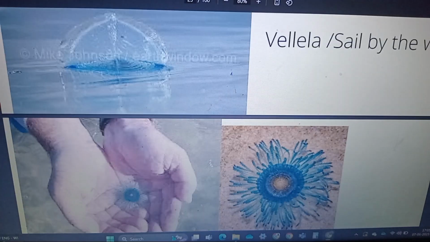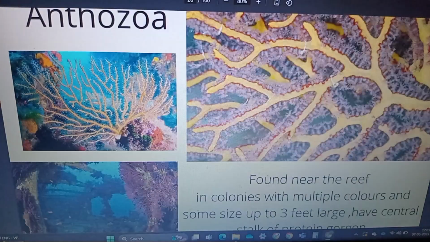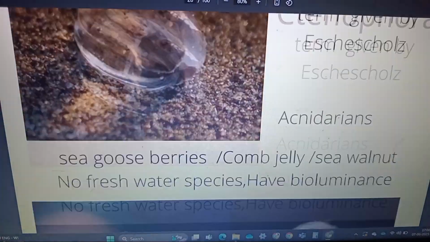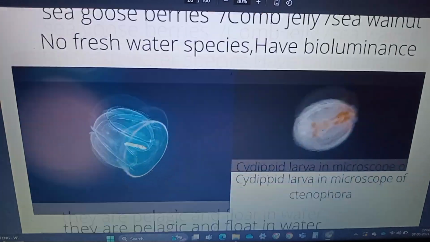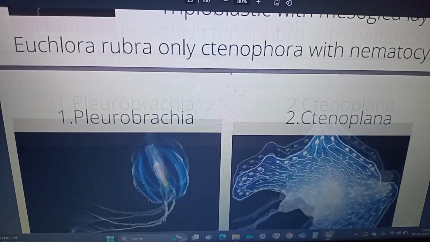The third phylum is Ctenophora. The Ctenophora is also diploblastic and exclusively marine. The comb jellies and the sea walnut are the examples in this.